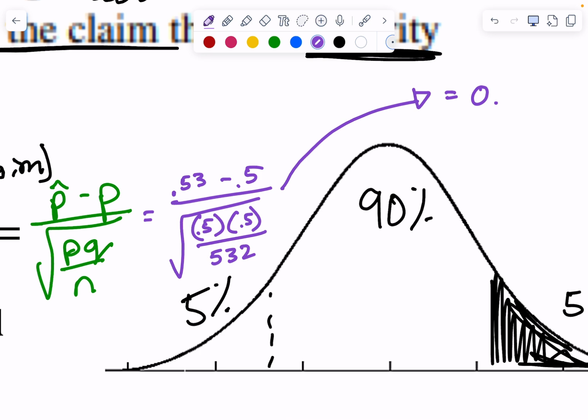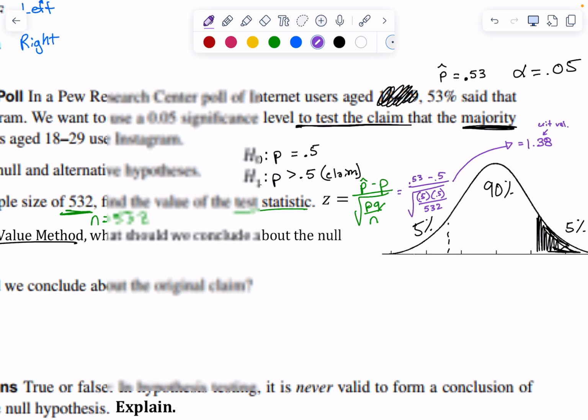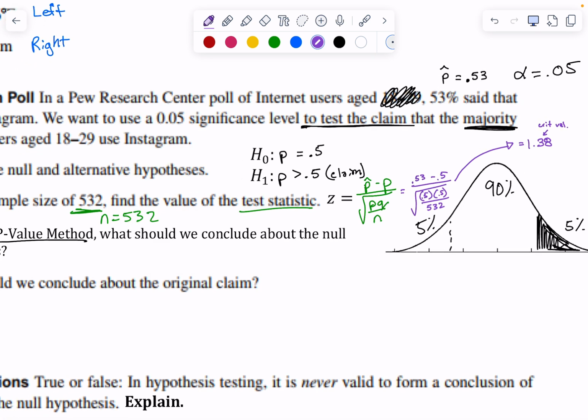Oh, 1.38? Yeah. That's right. 1.38. This is technically your critical value, right? That's your critical value. But I don't want critical value. So that's part B. That's the test statistic.